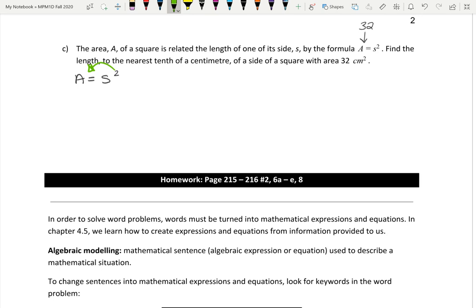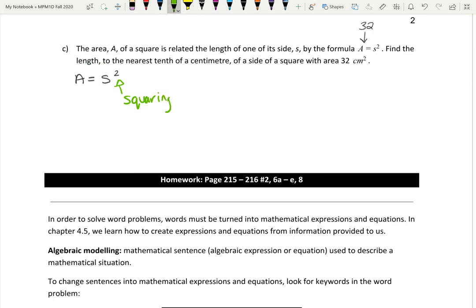But now, the opposite operation of an exponent 2 is a square root. Okay, so the exponent 2 is squaring something.